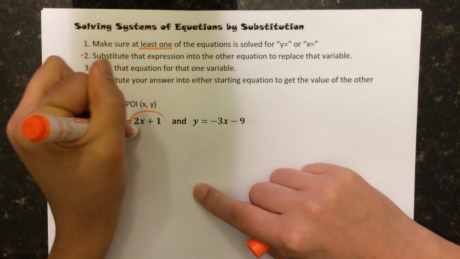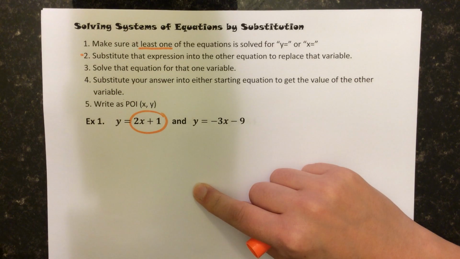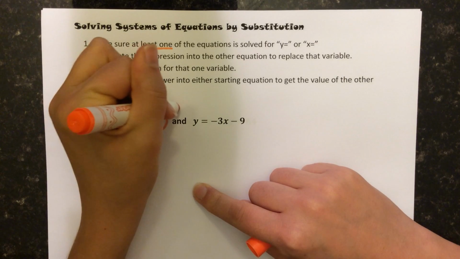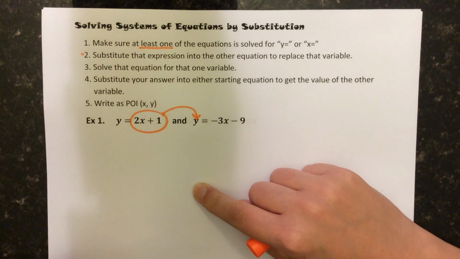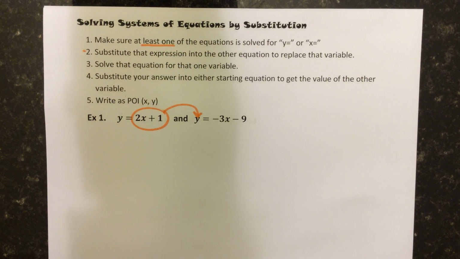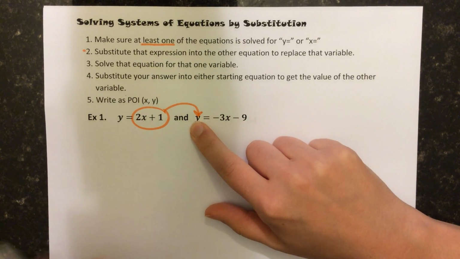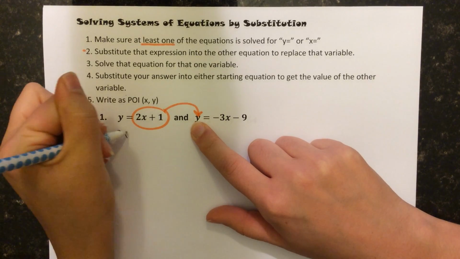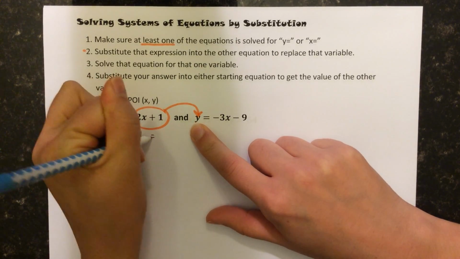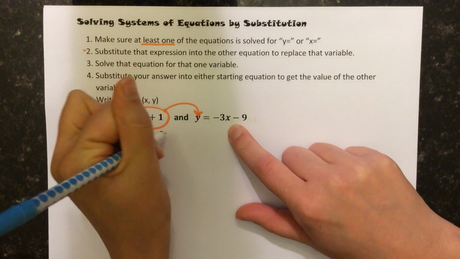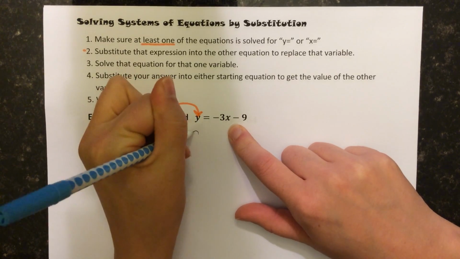So since I know what y equals, I'm just going to take that expression and replace or substitute it in for that other y. So here's what that looks like. Instead of writing y equals, I'm going to write 2x plus 1 equals negative 3x minus 9.